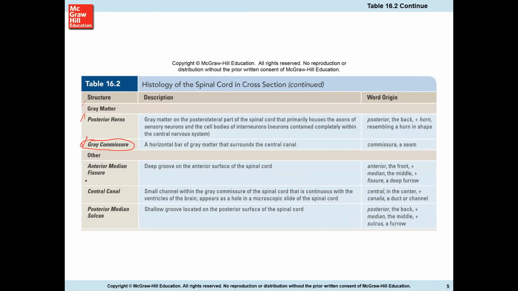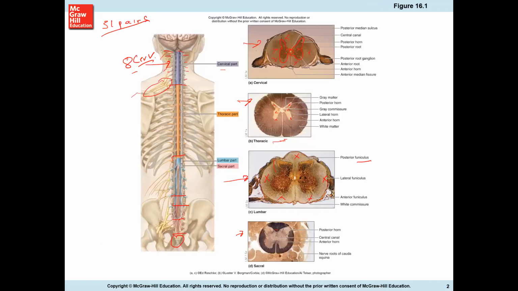Anterior median fissure, central canal you already saw, and posterior median sulcus. Notice that anterior is a bigger separation, so they call it a fissure, and the posterior is a sulcus, so it's a little shallower. So right here, this is the anterior median fissure, that separation, and then the posterior median sulcus.